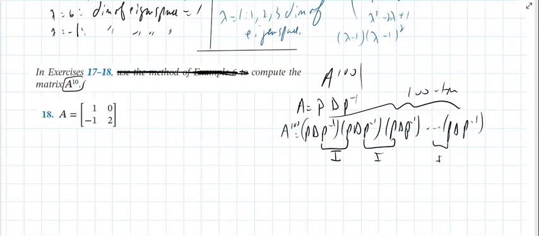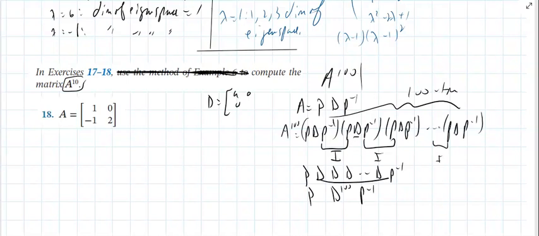And wouldn't that be P D D D and P inverse? And what happens when you multiply a diagonal matrix by itself 100 times? If I had a diagonal matrix that was on your previous exam, if I raise that to the 10, that's simply raising those entries to the 10. That was on exam 1.